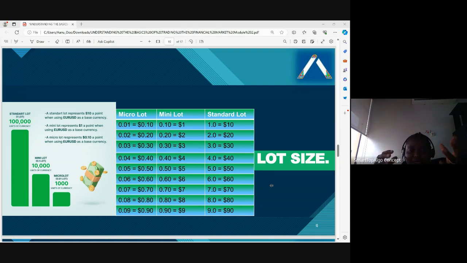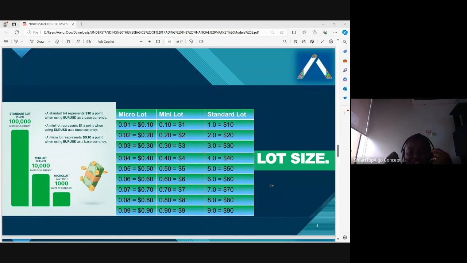It means when you want to buy eggs from them, you can't buy a single egg. You will buy it in crates. The unit of measuring eggs is in crates in that scenario. That is the same thing with lot size in forex trading. It is a way of measuring the unit at which you want to buy a particular currency pair.